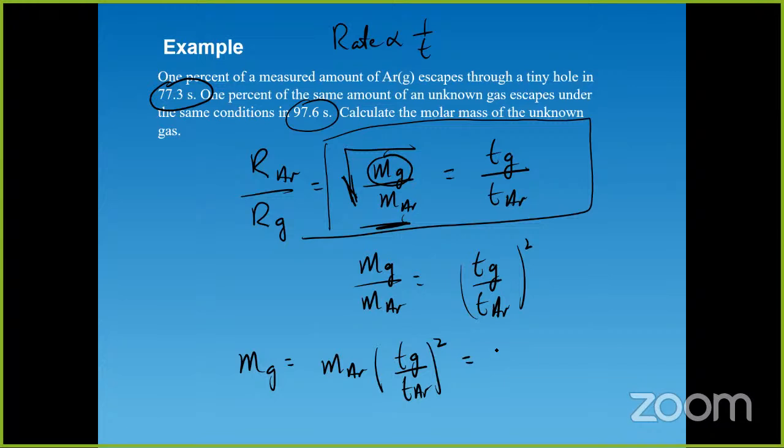So the molar mass of argon, again, we have to go to the periodic table for that, and that is equal to 39.95 AMU.